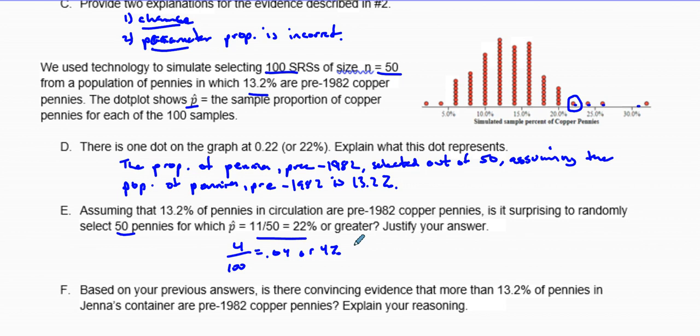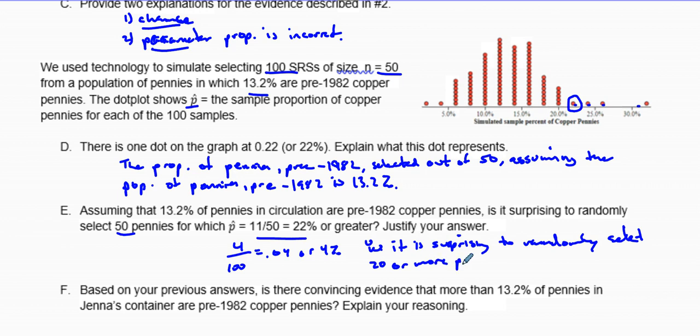Is it surprising? I'd say yes, it is surprising to randomly select 11 or more pennies out of 50.